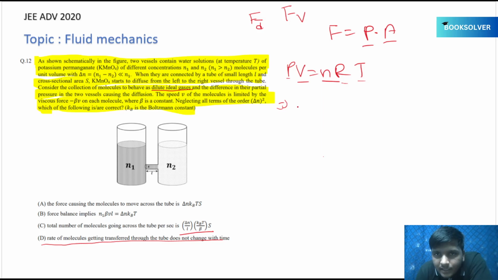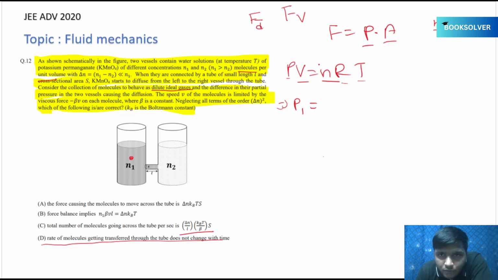So we can write for this vessel P1 is equal to n by V times RT. Here n is given as molecules per unit volume, but we want moles per unit volume, so that this equation will completely satisfy.